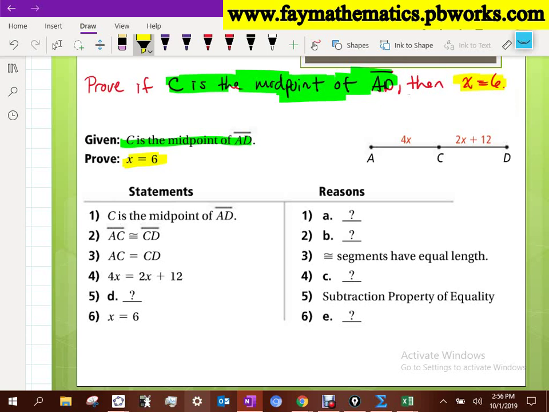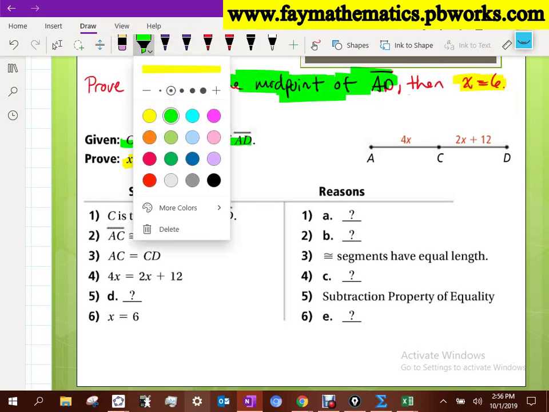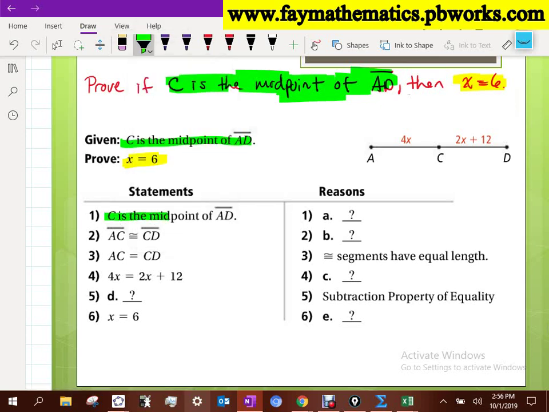The first thing you do, look at that sheet I gave you. Step number 1 says write down the given statement. And reason number 1. Well, your given statement, that green statement is going to go right there every single time. This is the statement we're going to make, and these are the reasons.